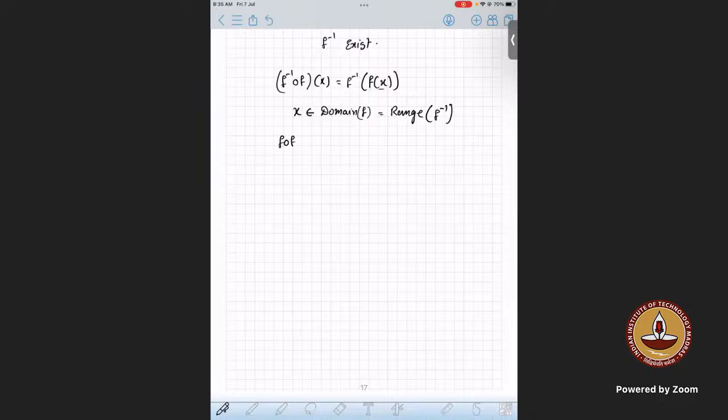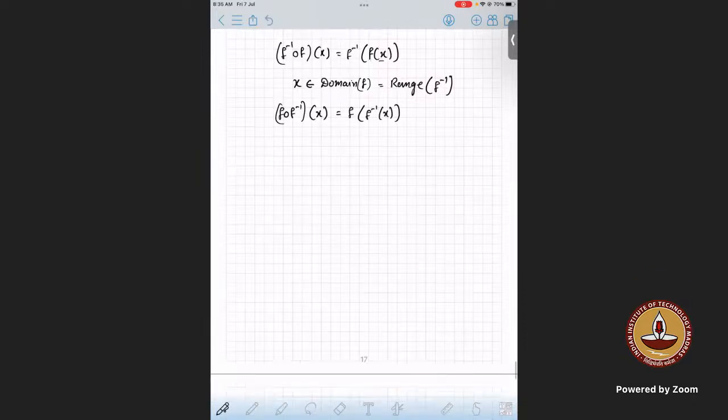Similarly, f of f inverse of x is equal to x, where x belongs to the range of f, which is equal to the domain of f inverse.